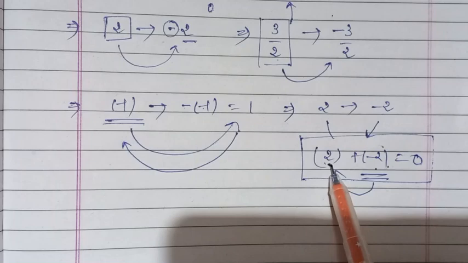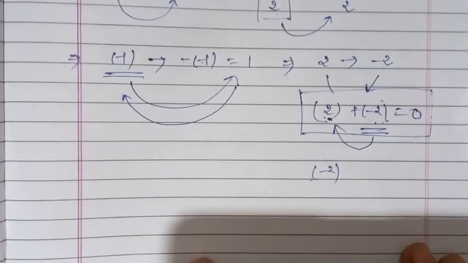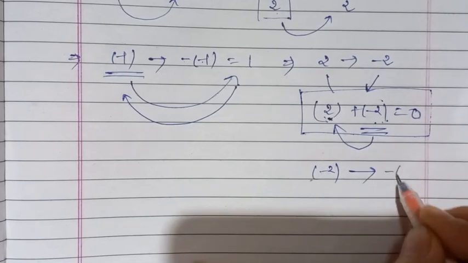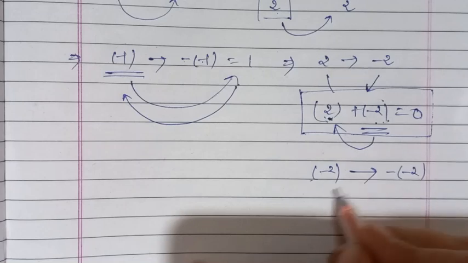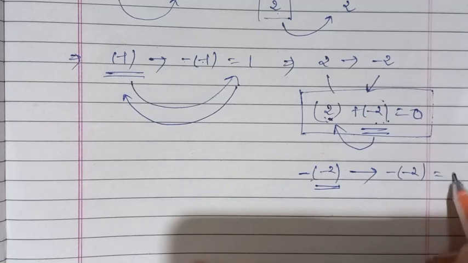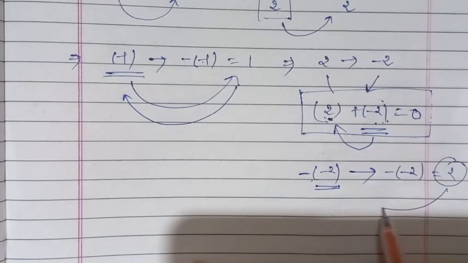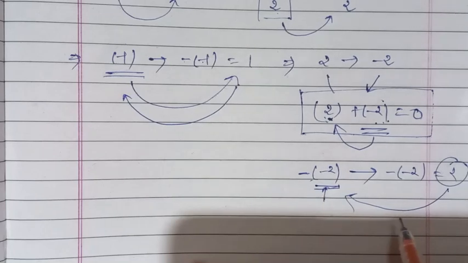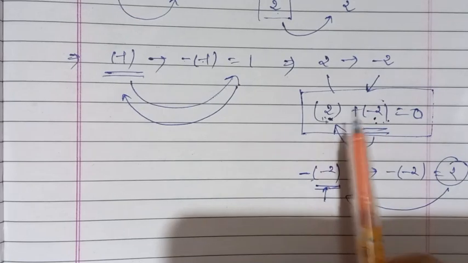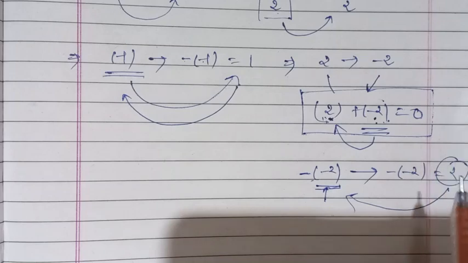This 2 is called the negative of minus 2, because if we assign a minus sign before minus 2, minus minus is plus, and we get 2. So minus 2 is also the additive inverse of 2, and 2 is also the additive inverse of minus 2.